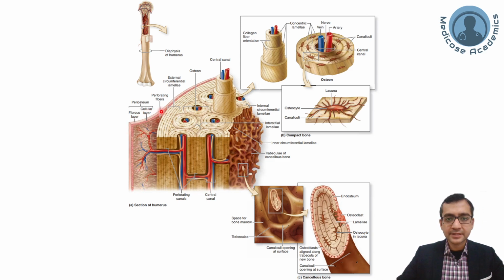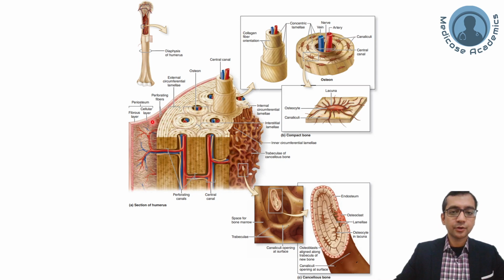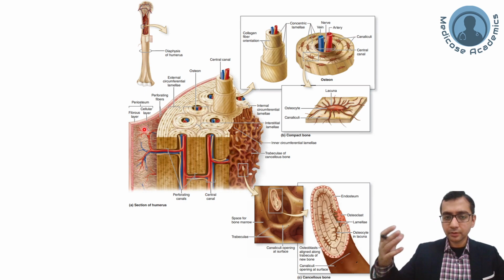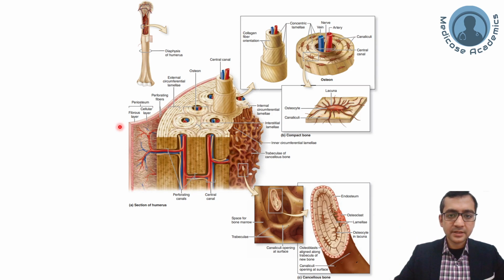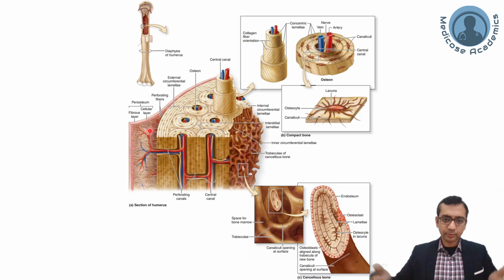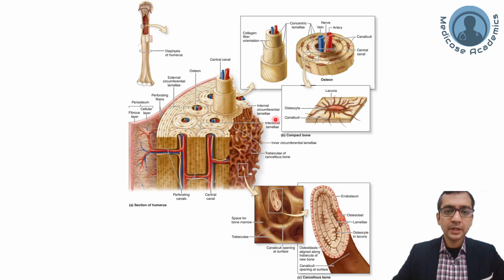On the inside, that is the cellular layer. It has a relatively higher percentage of cells, and the important cells related to bone function are the osteoprogenitor cells that can give rise to the bone-forming cells, osteoblasts, that will increase the thickness of the bone. We will go to that shortly also.